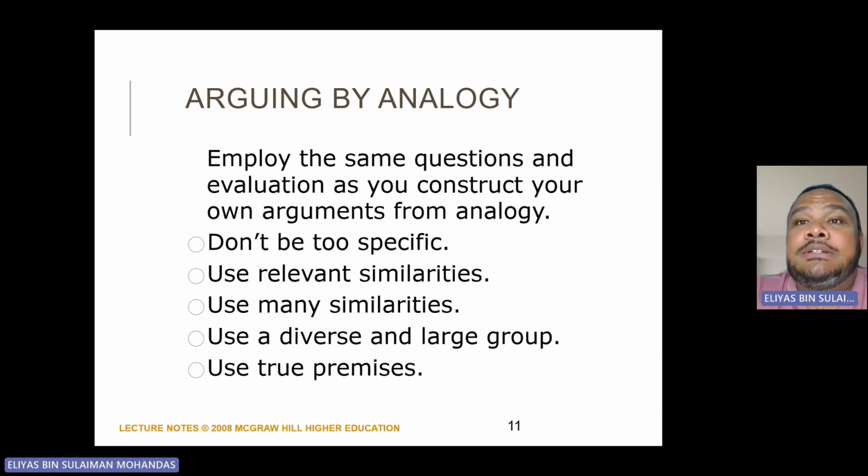For example, don't be too specific. These are some of the tips that I can share with you. Make sure that your argument is not too specific. Make sure you use relevant similarities. Make sure you use many similarities. Use a diverse and large group, and most importantly, use true premises.